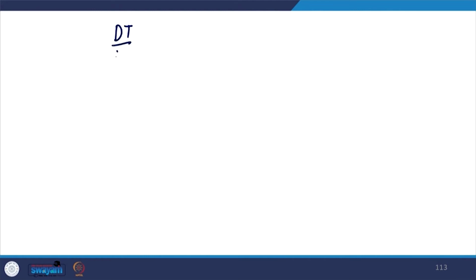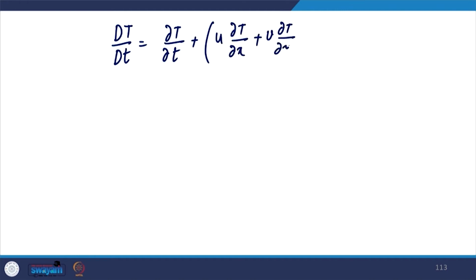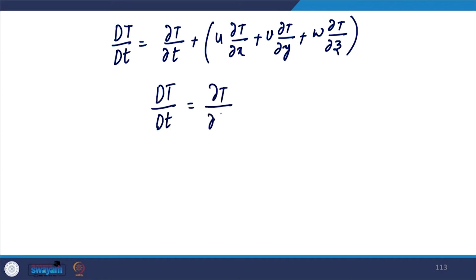So, you can write this term as dT over dt.